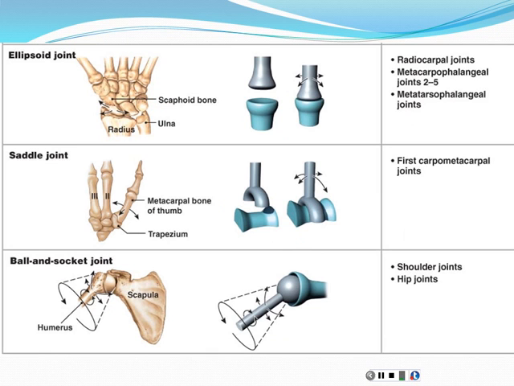All right. An ellipsoid joint, this one's a little harder to visualize, I think. Where the first or proximal phalanges joins the first metacarpal, the first knuckle of your finger, is an ellipsoid joint. What does that mean?